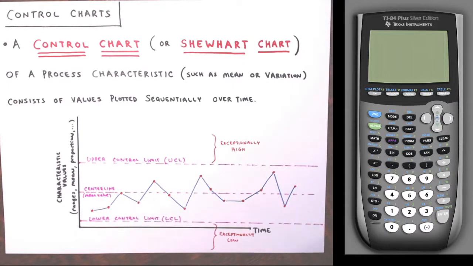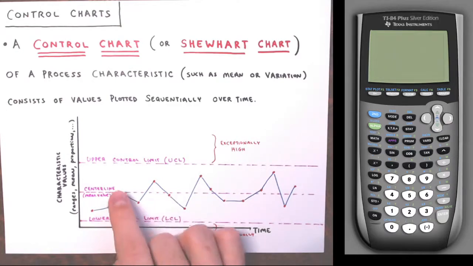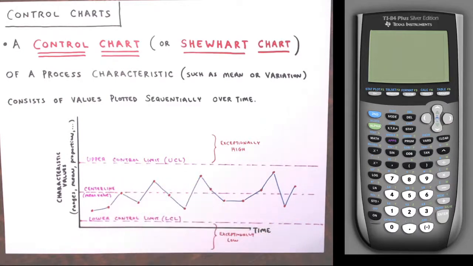Same thing with a process like this. If you notice a run of 8 consecutive points above the center line, or 8 consecutive points below the center line, the chances of that occurring naturally are very, very slim. So we would reasonably deduce that this process is more than likely out of statistical control. It's not stable, not balanced. And then I would go in and try to figure out what went wrong and how to fix the process.